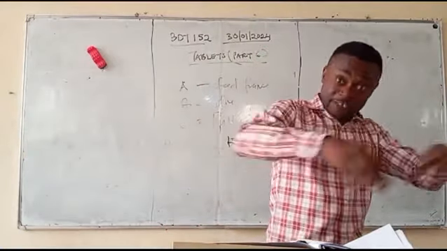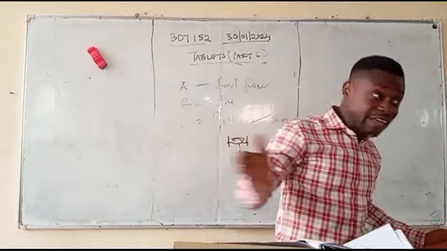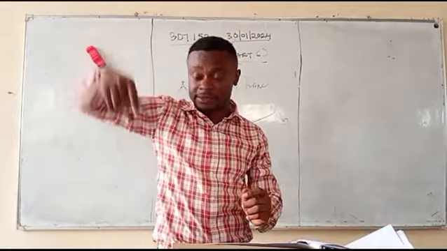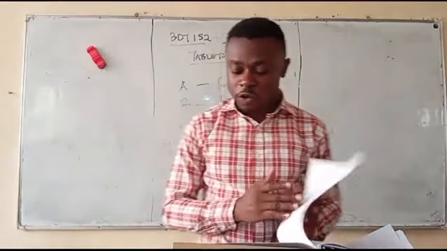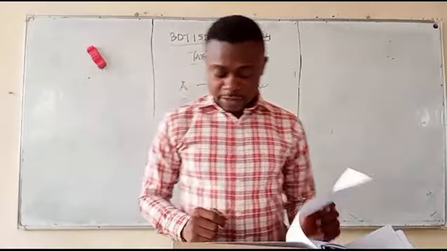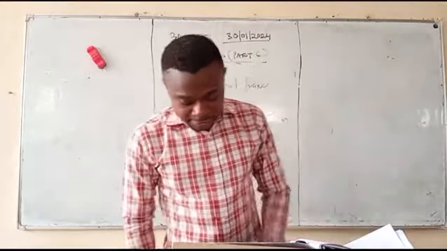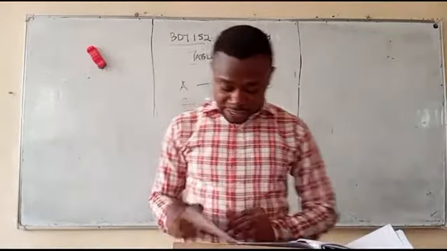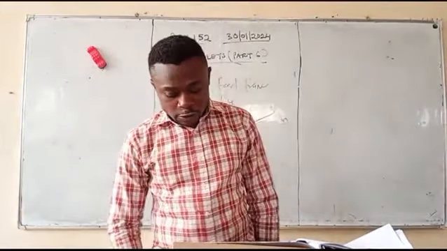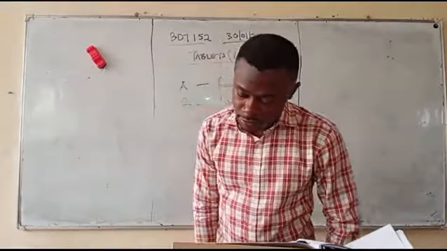Now, the next one we talk about is E. What is E? Weight control cam. What does it do? Reduces the fill in the die.